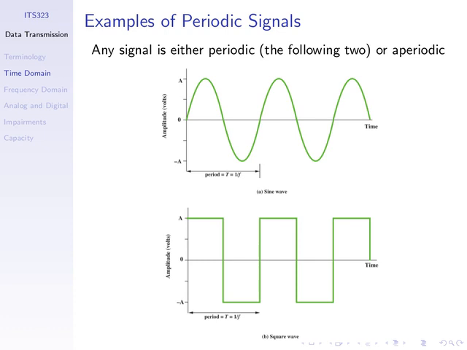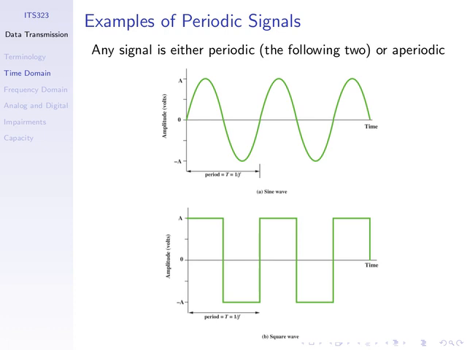Another thing that we know, if we know the period of the signal, we know its frequency. The period is the inverse of the frequency. If a signal has a frequency of 10 Hertz, it means within 1 second it repeats 10 times. 10 Hertz means 10 times per second, 10 repetitions per second.